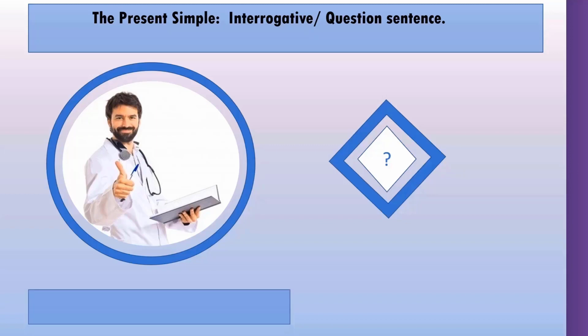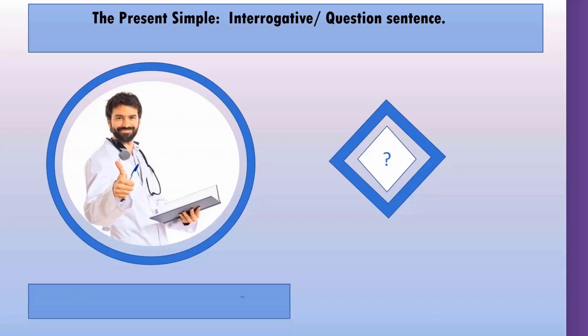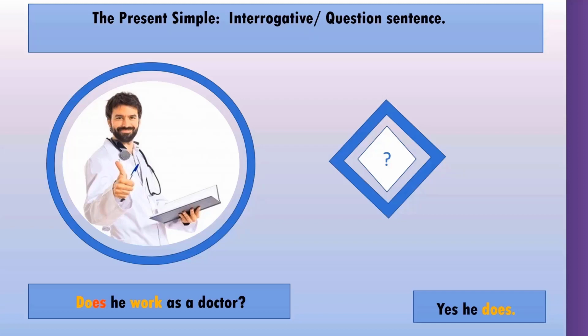Okay, so does he work as a doctor? That's a positive answer. Yes, he does. Okay, so just try to do some more practice with sentences that are positive sentences, negative sentences, and question sentences.